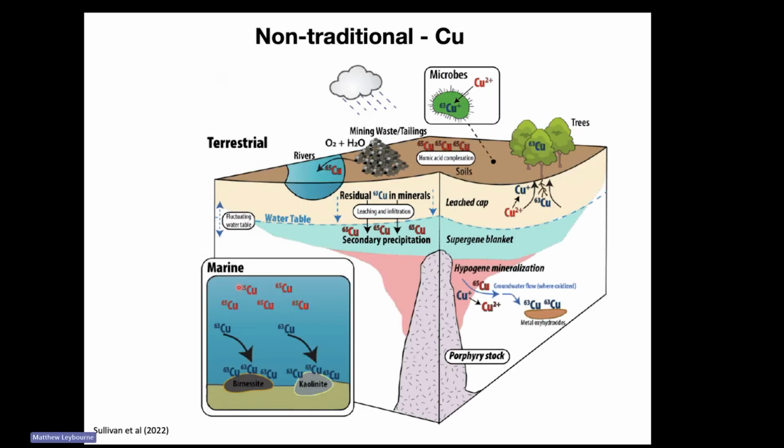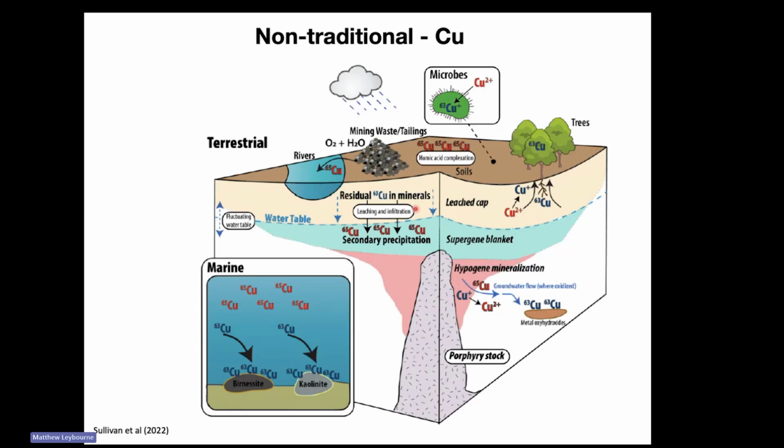Here's a plot that another grad student of mine put together a couple of years ago. The idea here is to show how copper isotopes vary as we go from, say, hypogene mineralization in a porphyry copper deposit to the supergene blanket and the leached cap, which Bob has shown an image of several times in different lectures.